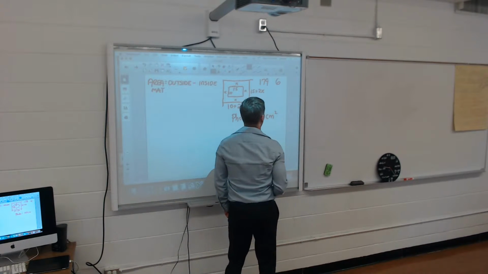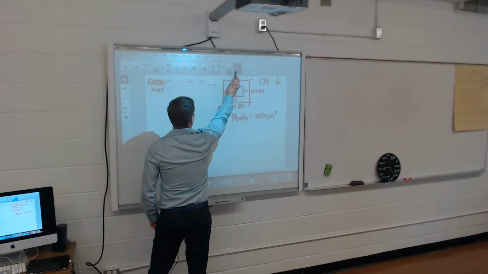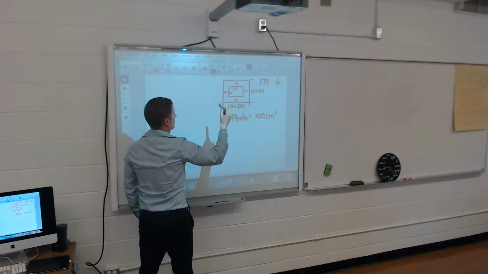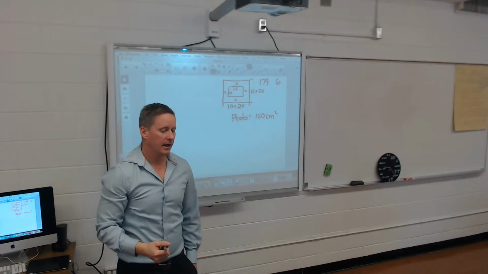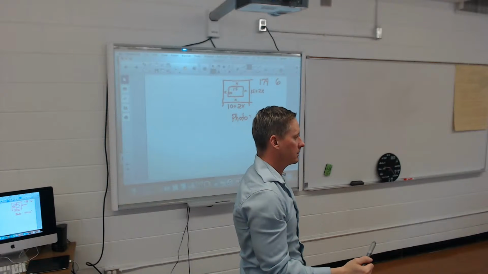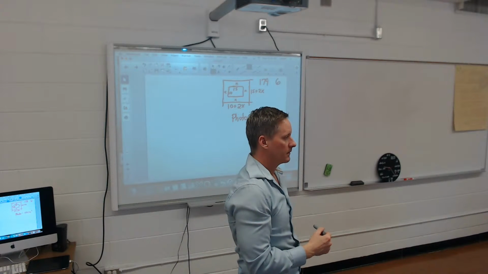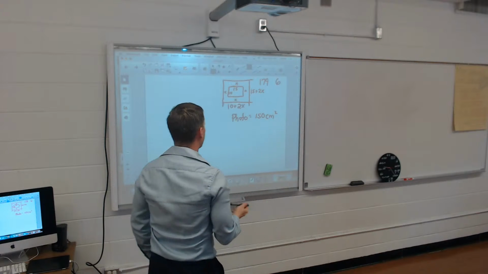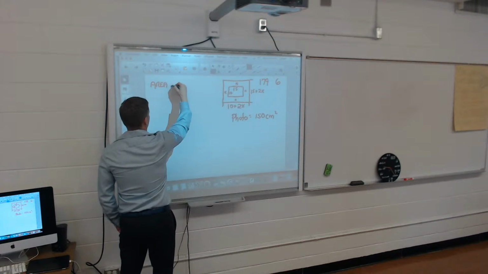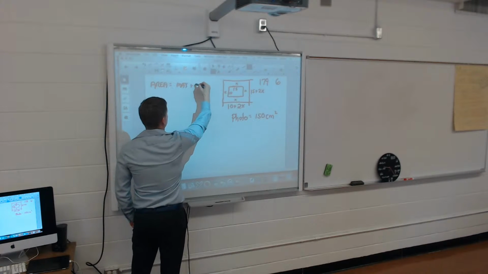I'm going to erase this for a second, because I don't think we've done this the way we did the other question. I think this is how it differs. It says that the area of the mat and the photo make 500. So the area of the mat plus the area of the photo.